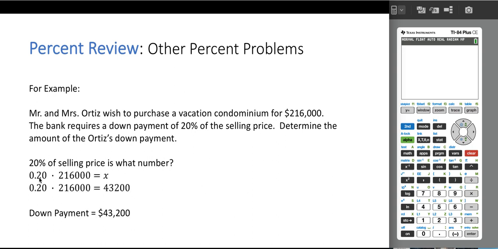So setting up the equation, 0.20, changing this to a decimal, times the selling price, which was $216,000, is equal to the variable that we're looking for. When you multiply these together, you get $43,200. So the down payment required is $43,200. Okay, that's it. Good luck. Hopefully this is mostly review for you.